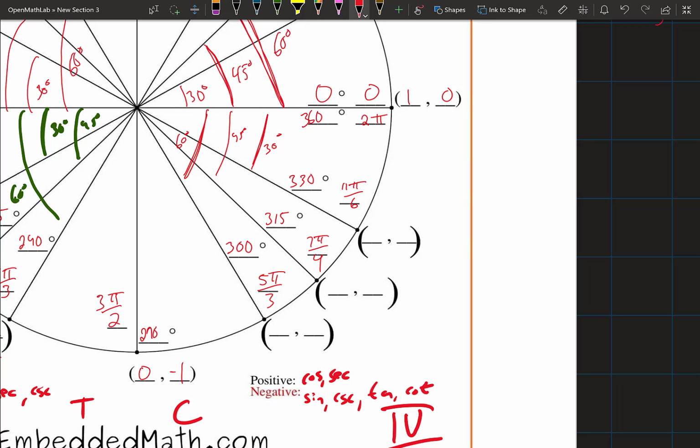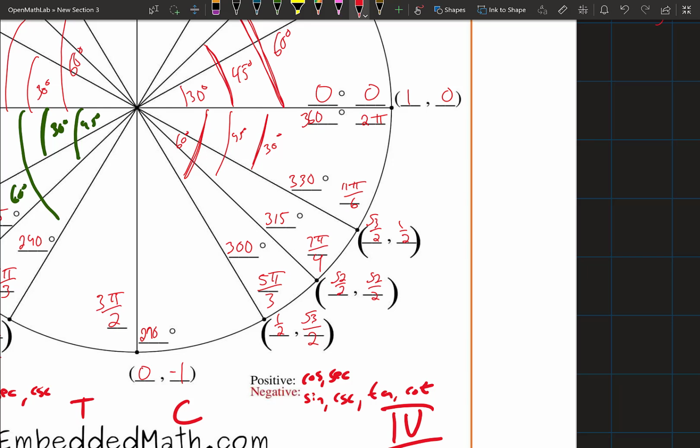And then, the reference angle corresponding to 30, that's radical 3 over 2, comma 1/2. The point for reference angle of pi over 4 is radical 2 over 2, comma radical 2 over 2. And then for 60 degrees, the coordinate is 1/2, radical 3 over 2.